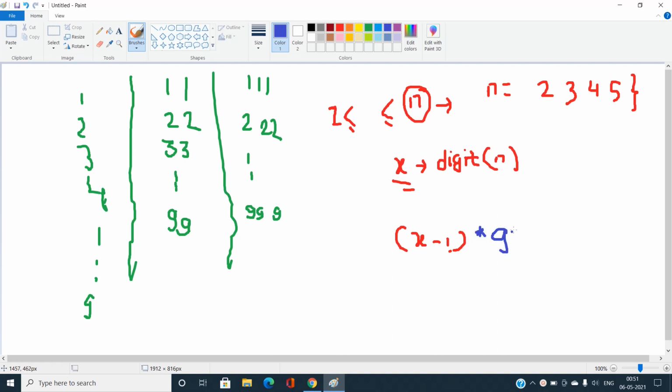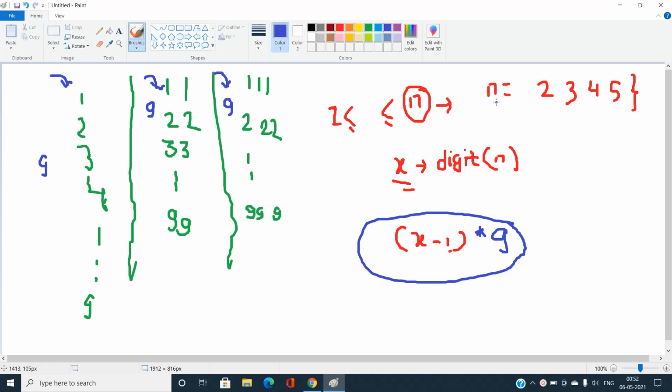The reason behind this is that single digit has 9 ordinary numbers, double digit also has 9 ordinary numbers, and triple digit also has 9 ordinary numbers. So if we have been given n and x denotes the number of digits in n, then all the numbers having x minus 1 or fewer digits will always be less than or equal to n. So the number of ordinary numbers should be x minus 1 times 9.